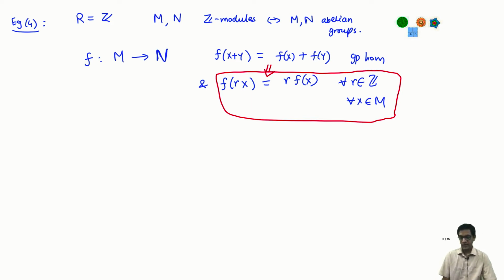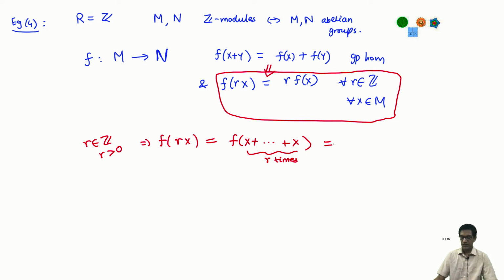And why is that? Because if r is an integer, let's suppose for the moment that r is a positive integer, then recall that this scalar multiplication was just repeated addition. You just had to add x with itself r times. This is how we defined it. And if the first property is true, it means f of x plus x plus x is the same as f of x plus f of x plus f of x, that many times.